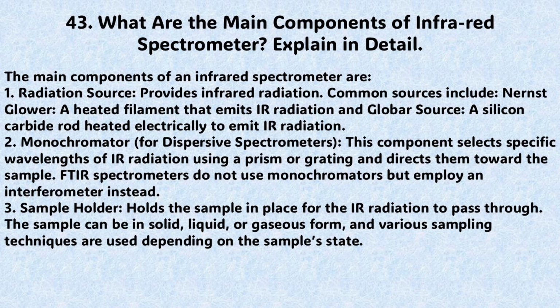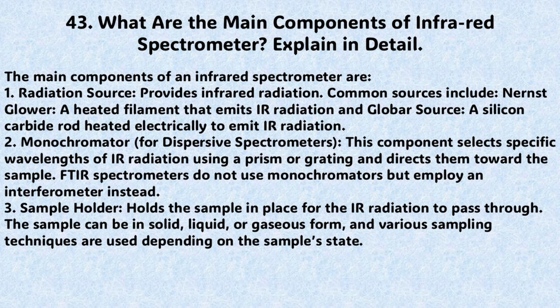Monochromator: for dispersive spectrometers, this component selects specific wavelengths of infrared radiation using a prism or grating and directs them toward the sample. FT infrared spectrometers do not use monochromators but employ an interferometer instead. Sample holder holds the sample in place for the infrared radiation to pass through.